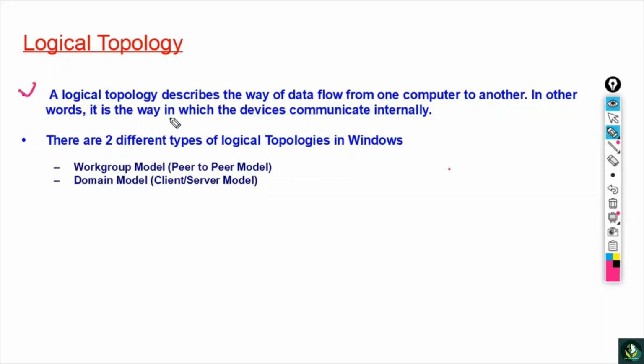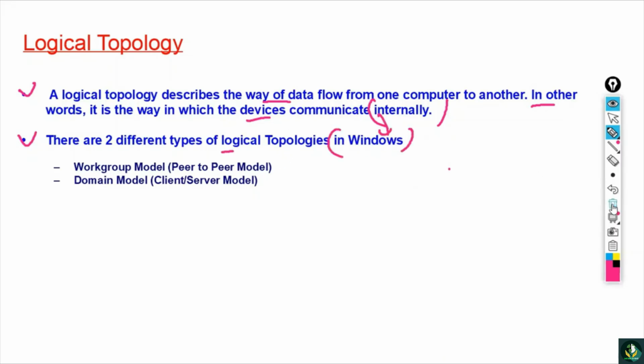A logical topology describes the way of data flow from one computer to another. So as we have discussed, it describes how your data flows from one network to another, from one computer to another computer. In other words, it is a way in which devices communicate internally. There are two different types of logical topologies in Windows environment.